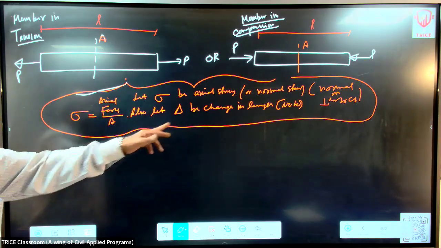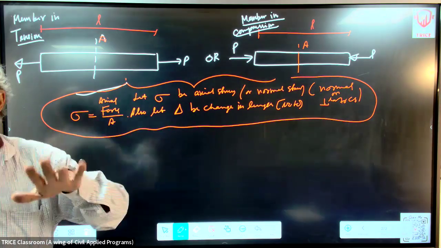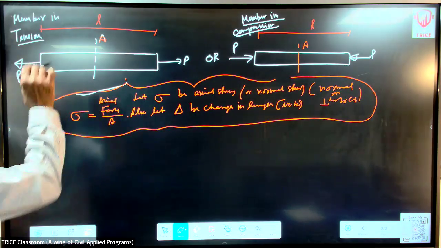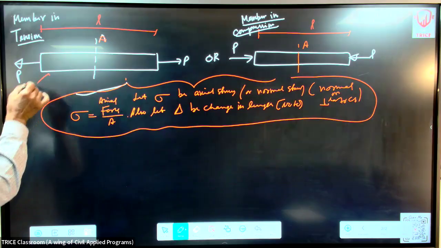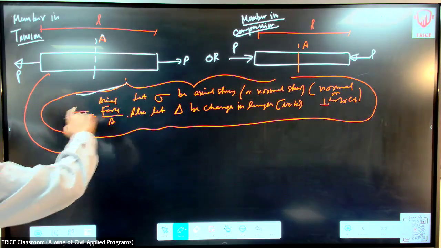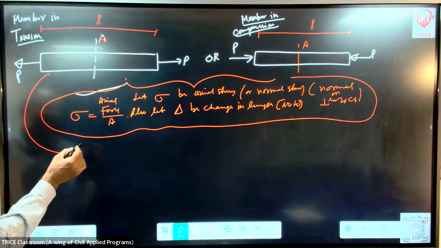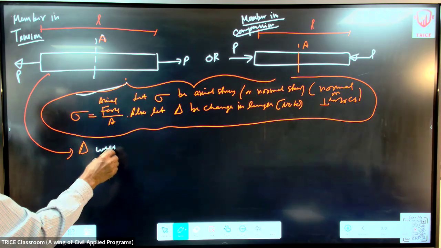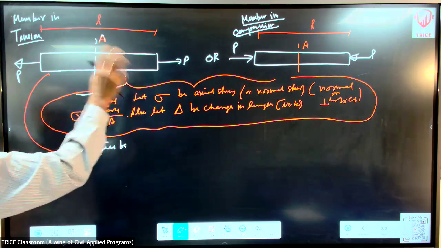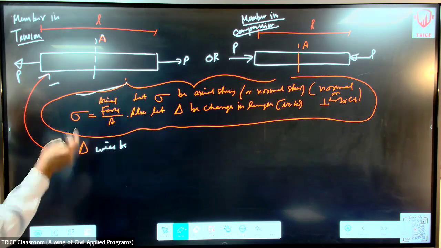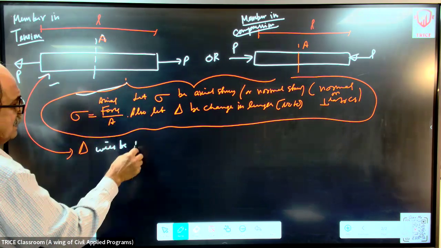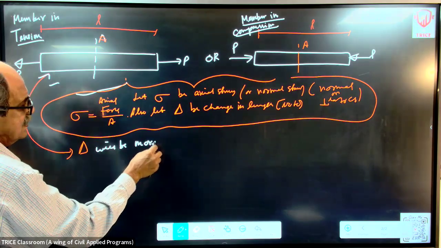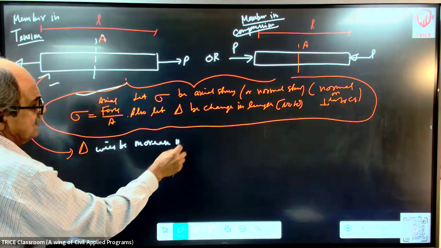So now delta is generally called change in length. Come to this case, which is common for both. Here, delta will be what? I am discussing the case of a member in tension. Delta will be increase in length.